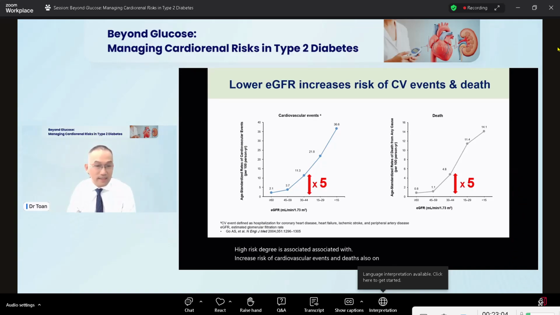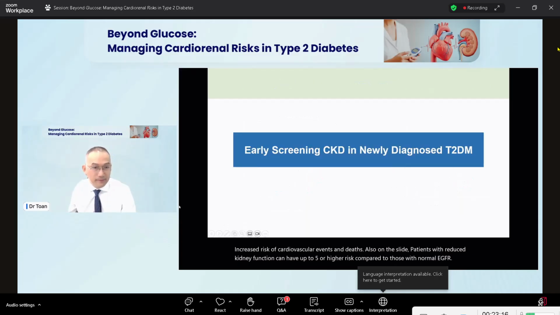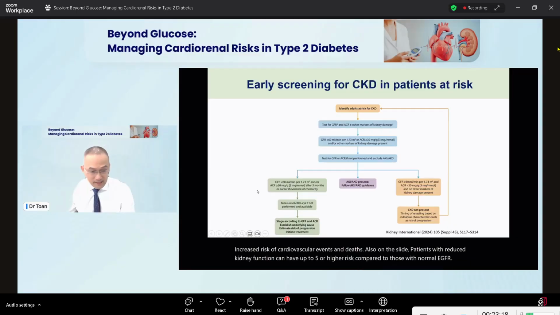Patients with reduced kidney function can have up to 5-fold higher risk compared to those with normal eGFR. Early screening for CKD in patients at risk in primary care setting.